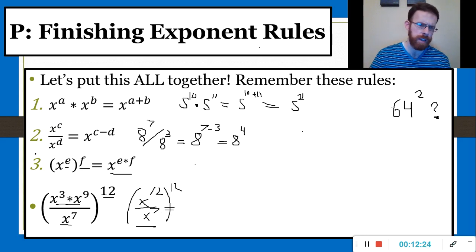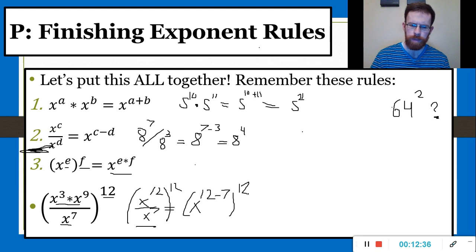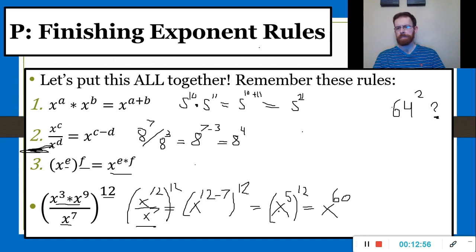We know what division does: we subtract, and so that's going to be x to the 12 minus 7, all raised to the 12th. And what's 12 minus 7? It's 5. So that's x to the 5th raised to the 12th. And we multiply exponents, right? Well, what's 5 times 12? x to the 60th power. And you're done. That's all you need to do.